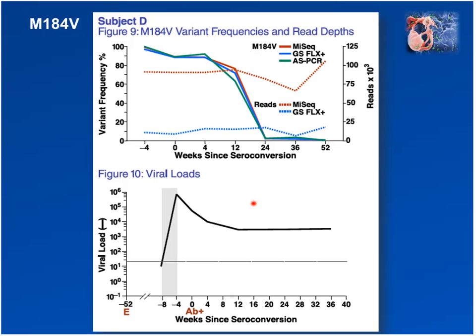The bottommost portion of the chart plots the viral loads in copies per mil of plasma. And you can see down here the timeline, which is weeks since seroconversion, or since HIV antibodies were detected in the blood of these individuals. The grayed area here in these plots is the period during which the individual actually was receiving study drug.